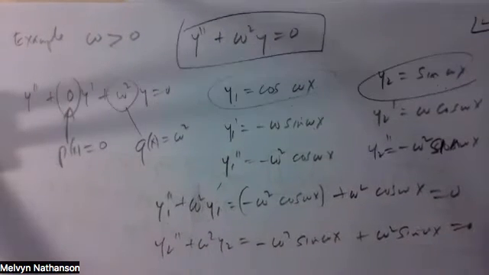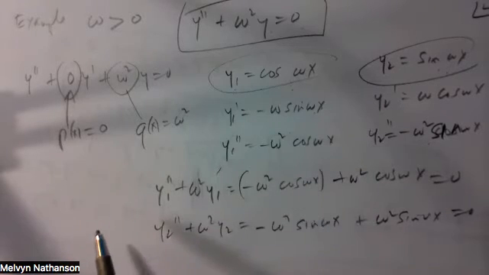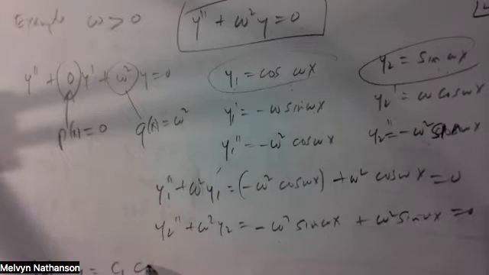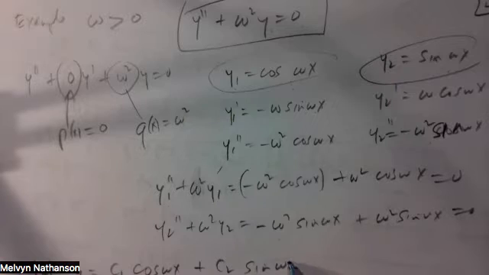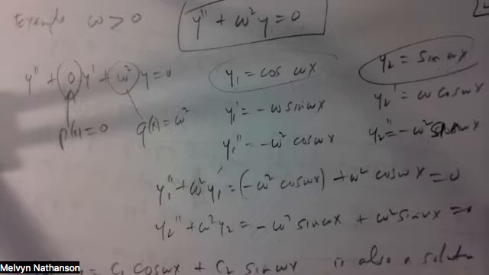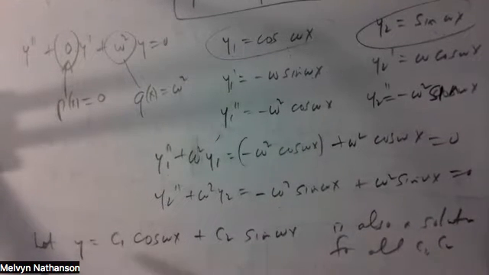And it follows that if we take any linear combination of these, we take y to be any constant c1 times cosine omega x plus c2 times sine omega x, this is also a solution, for all c1 and c2.